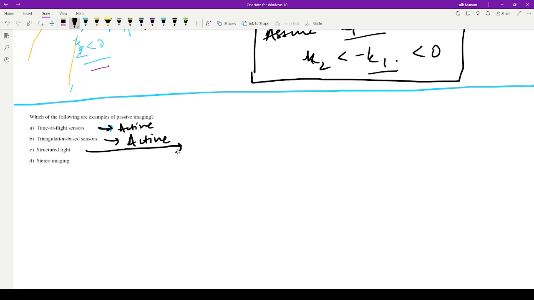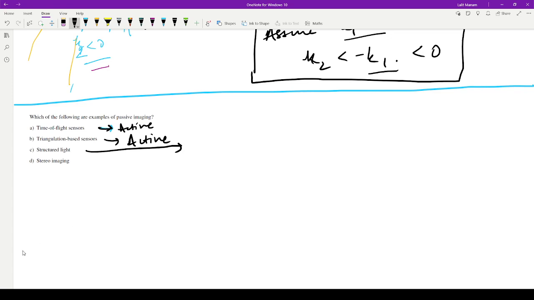So again we are throwing some pulses out there. It's not a pulse here, rather it's just a bunch of rays, not a continuous beam. Then we take a picture of those rays. Mostly it's in the IR range, and then you get the estimate of the depth based on the unique patches.